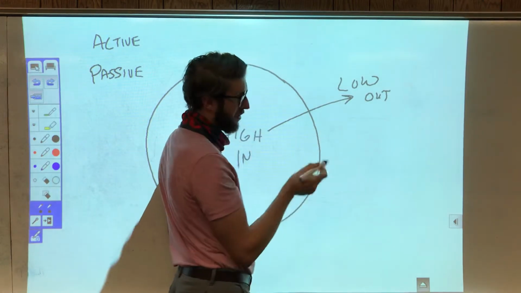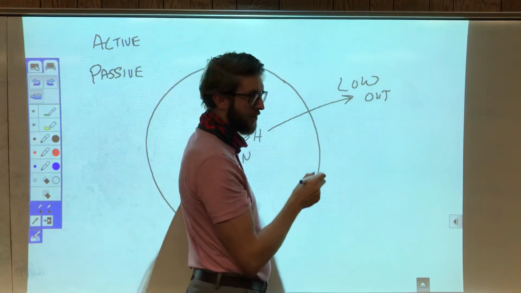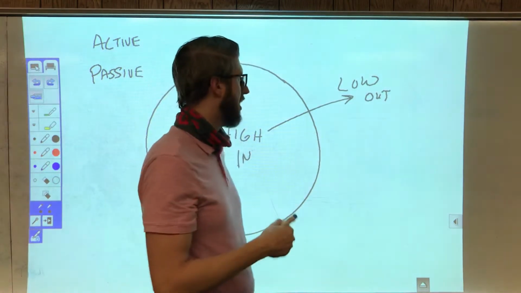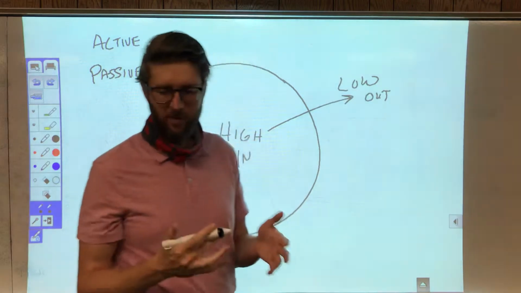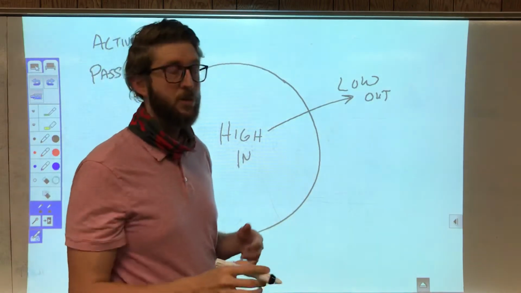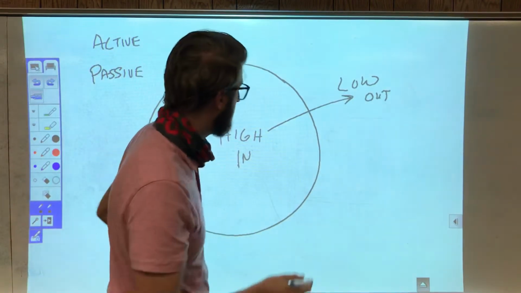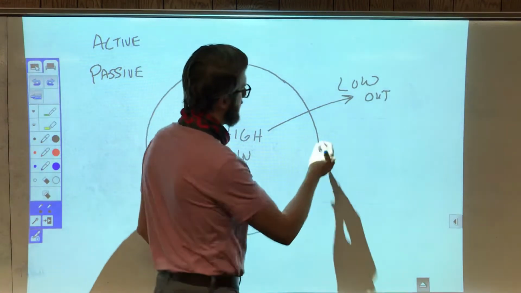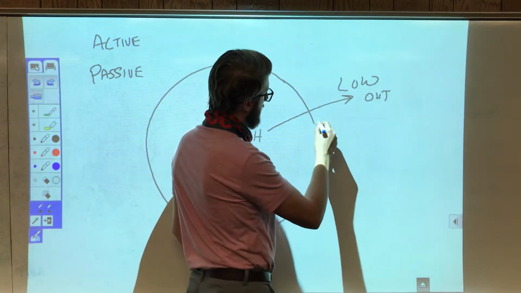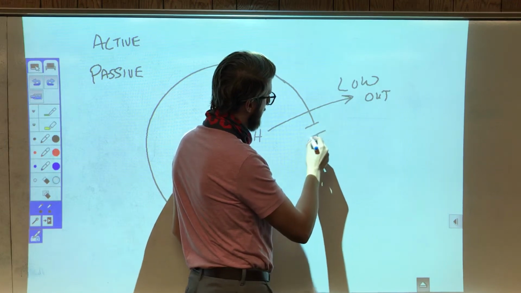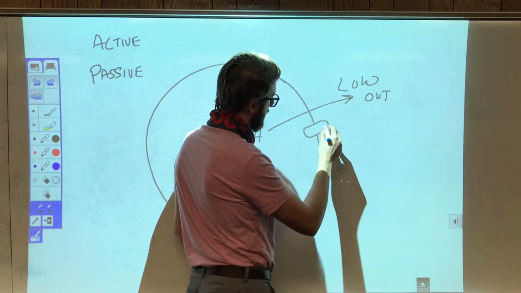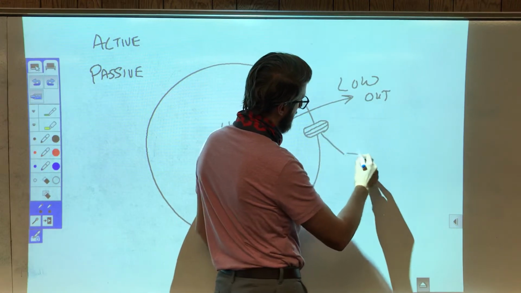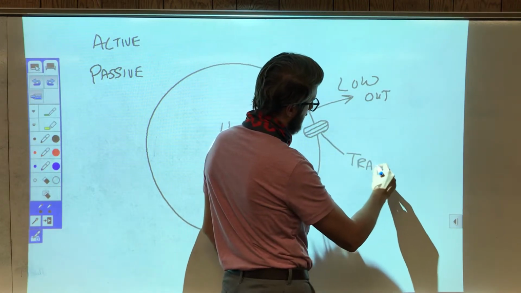And there's a couple of different ways that we can do this, and it really just depends on the size of the thing that we are trying to move, okay? Now, as we have learned, embedded into the cell membrane are these what are called transport proteins.